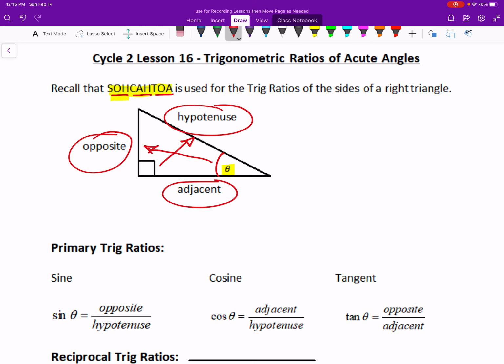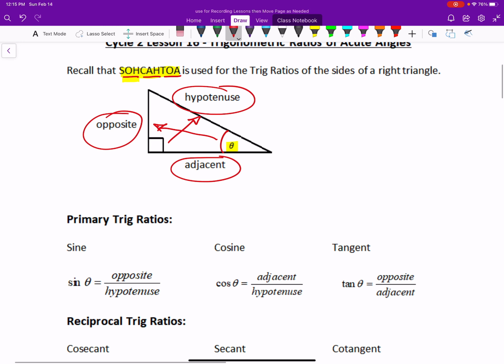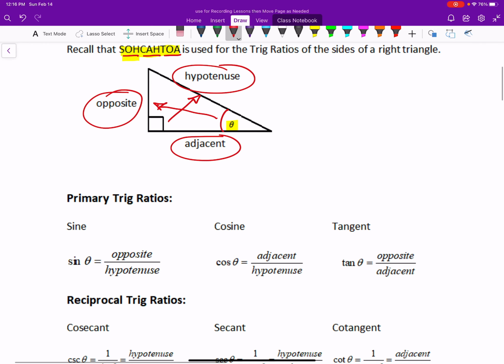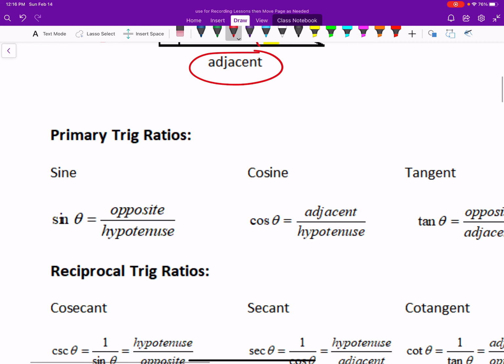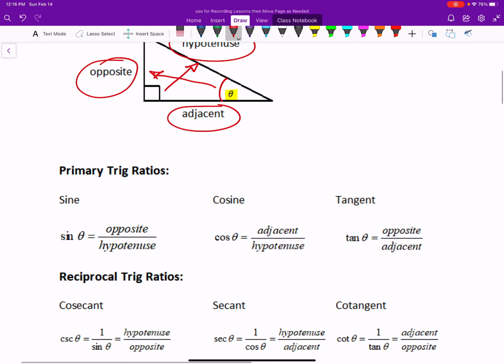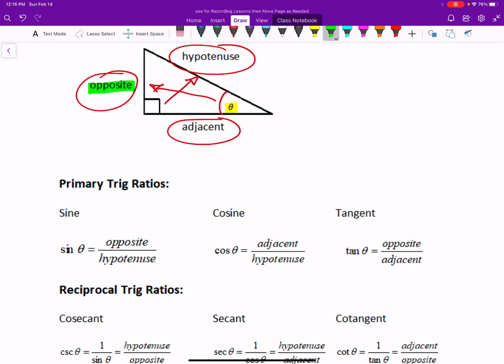So there should be no difficulty in orienting yourself around an angle, no matter which way it's turned, which way it's facing. As long as you know what angle you're looking for, then you should be able to find opposite, adjacent, and hypotenuse. And then the ratios are just the lengths of the different sides compared to each other. So the sine is simply the length of the opposite side over the length of the hypotenuse.